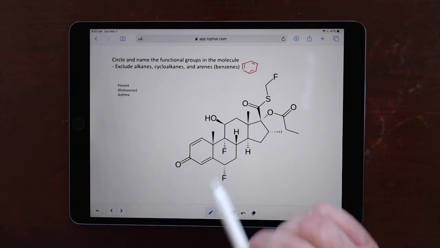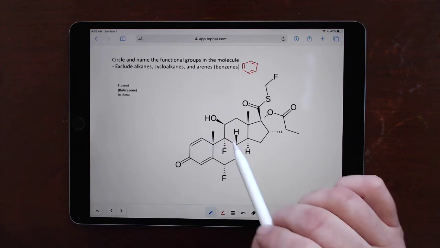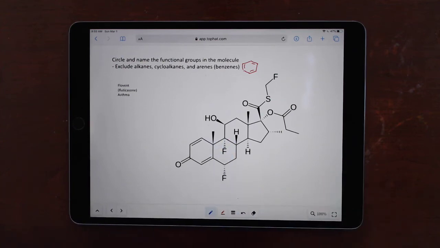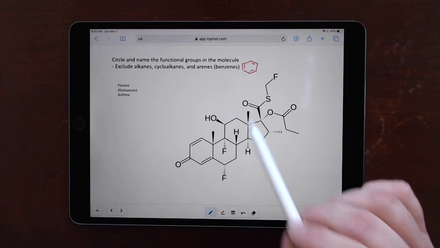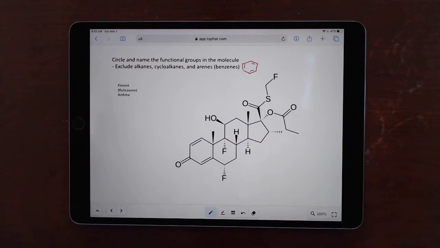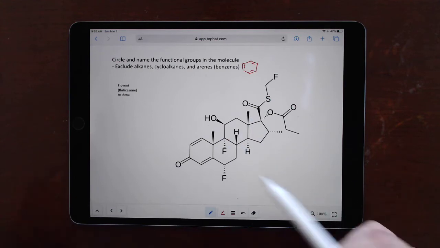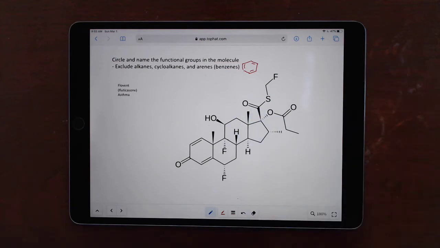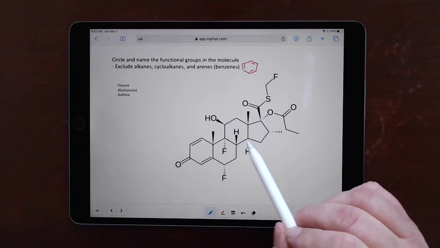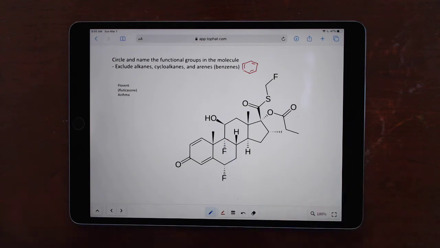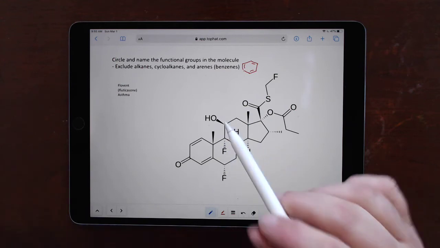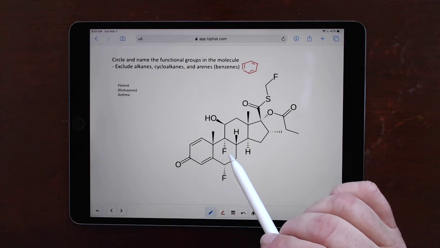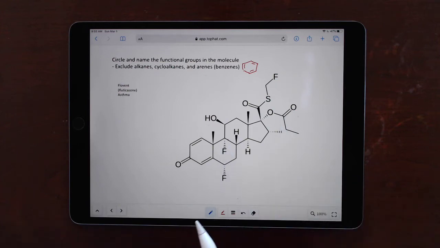I'm not going to do this on the test, but just as a reminder, the wedge shows you how things are oriented in space in 3 dimensions. If you see a wedge like this, that means it's pointing out at you. If it's a dash, it's going away, so in this case it'd be going into the iPad. But I'm not going to put that on there so I don't confuse you.